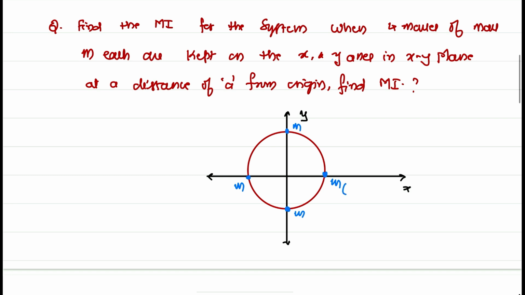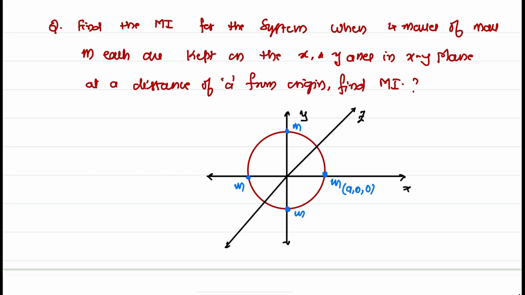What is the coordinate of this? A, 0, 0. A z-axis is also there. It is a 3-dimensional system.